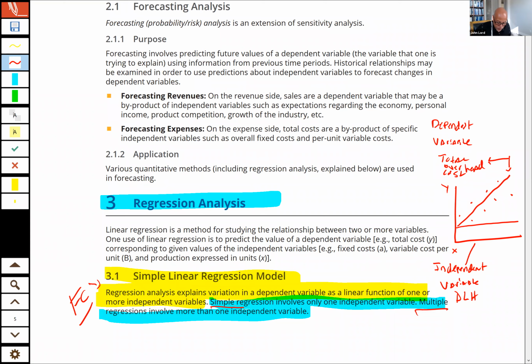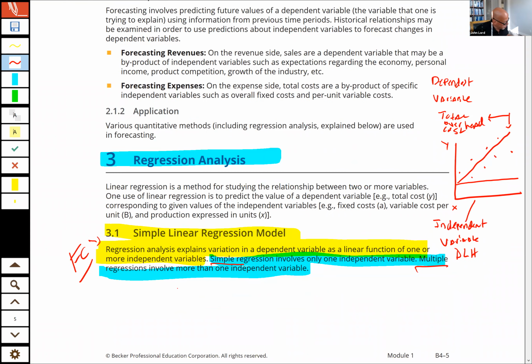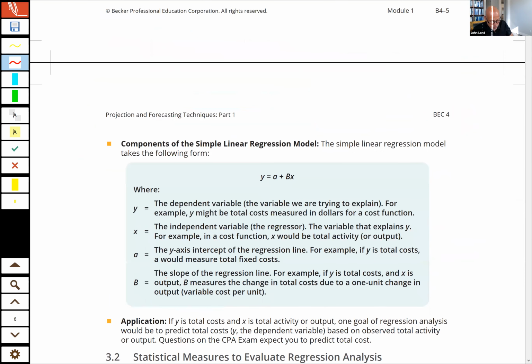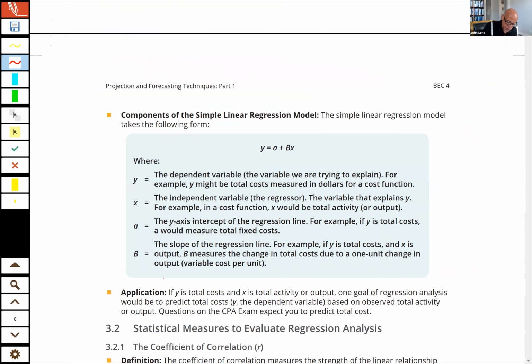Okay, now come over and let's just take a look at the application here. Let's go ahead and again look at it in the context of our overhead cost model.